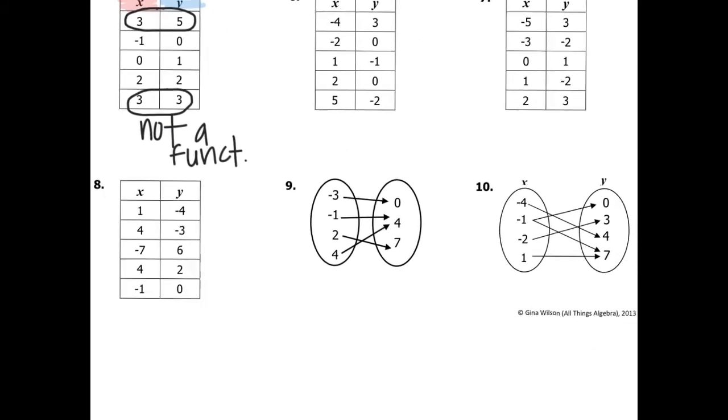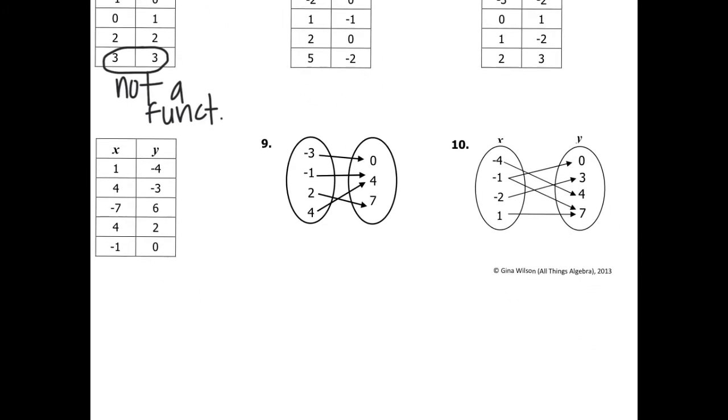Now your mapping diagrams were a pretty good view of this. What you can see in your mapping diagram, remembering that this over here is your domain, listed on the left, and these numbers are your range. If you need a reminder, your domain are your x values, and your range are your y values.